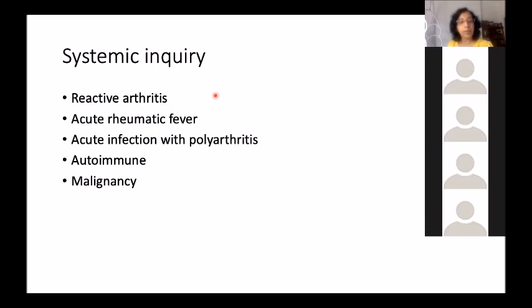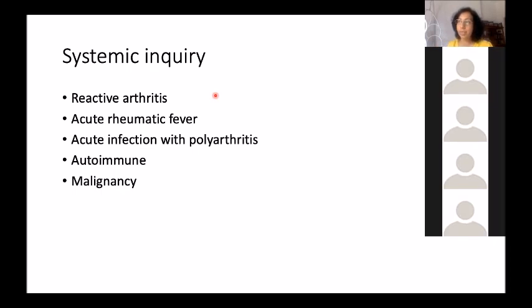Okay. Then acute rheumatic fever, again, it's the pharyngitis that you're going to ask about. And regarding any acute infection, right? Like contact history, and also for infective endocarditis, whether she had any past history of rheumatic fever is important to find out, right?